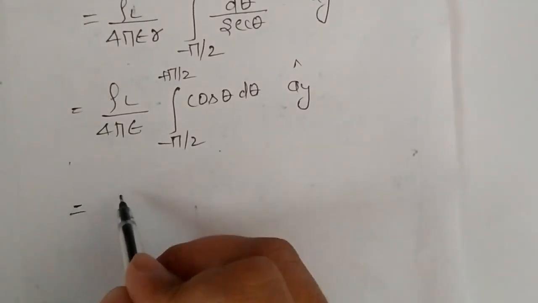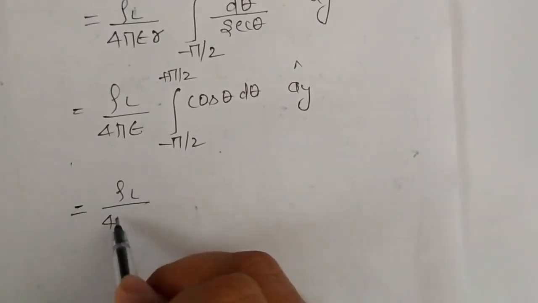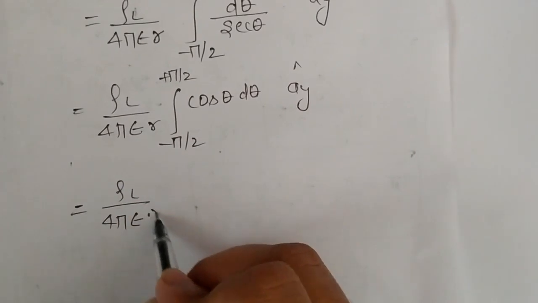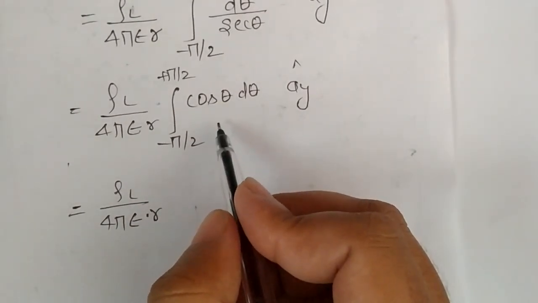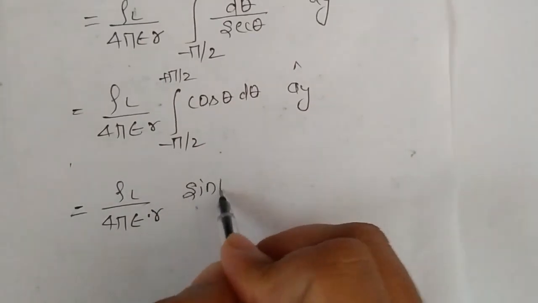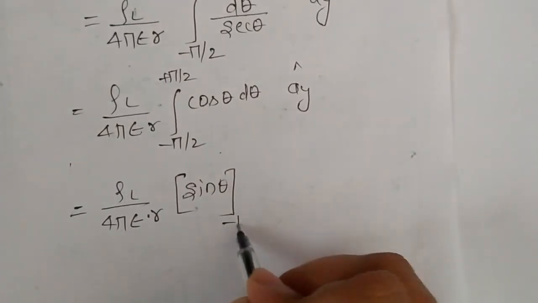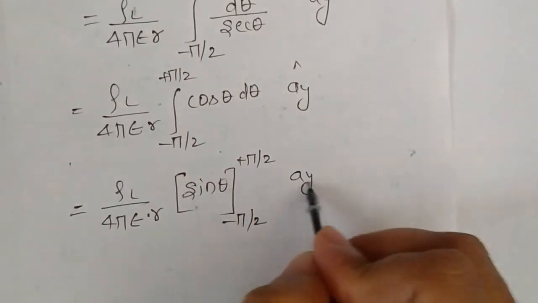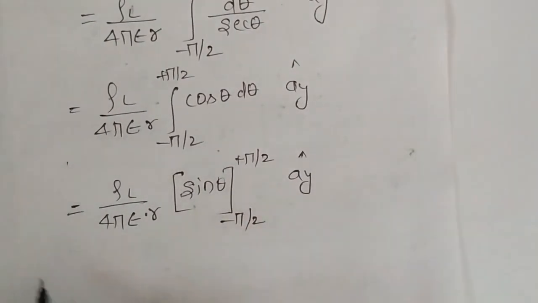Again it is equal to rho L upon 4 pi epsilon r. As the integral of cos is sine, so sine of theta with limits from minus pi by 2 to plus pi by 2, the whole thing multiplied by a cap.